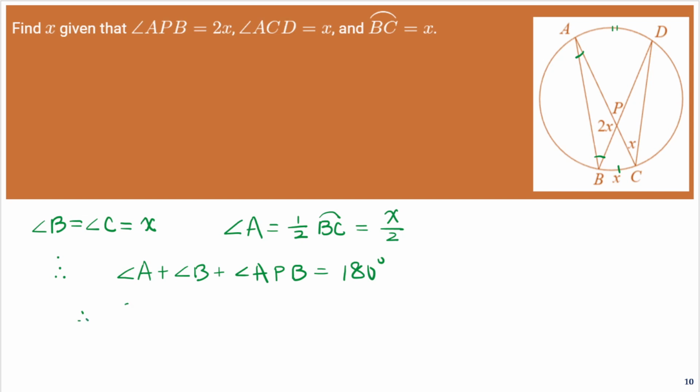Therefore, we know angle A is half of x, angle B is x, and angle APB is 2x. Then we have an equation in terms of x. This solves x equals 360 over 7 degrees, right?